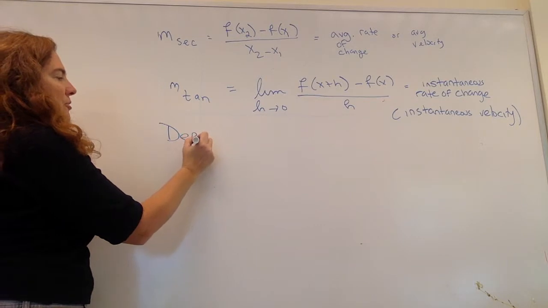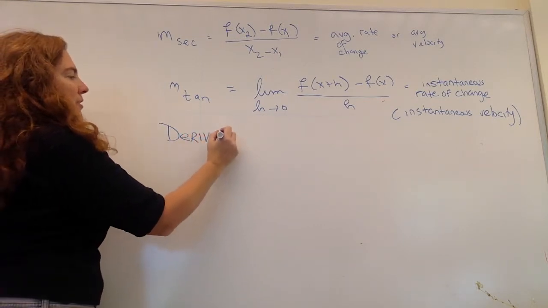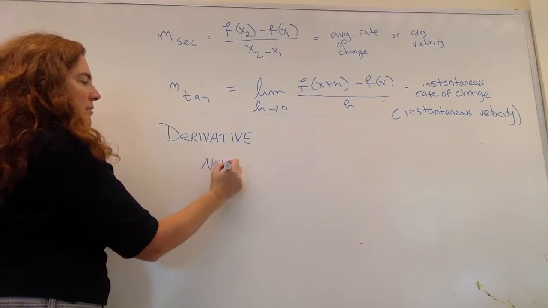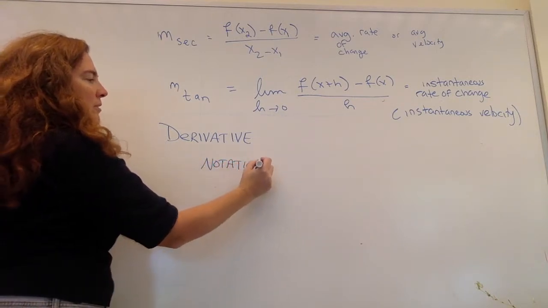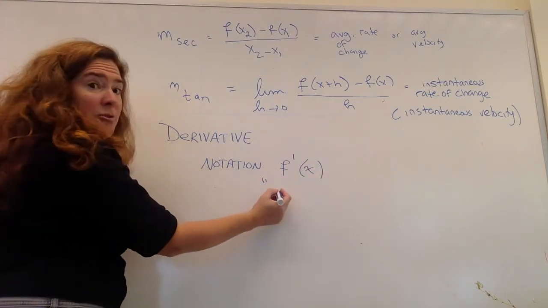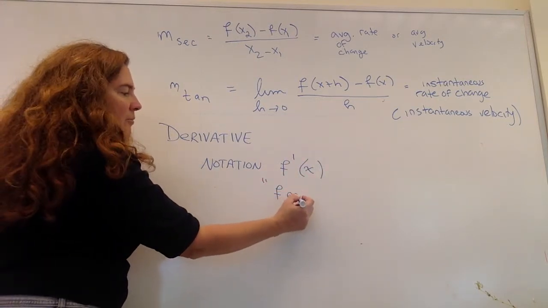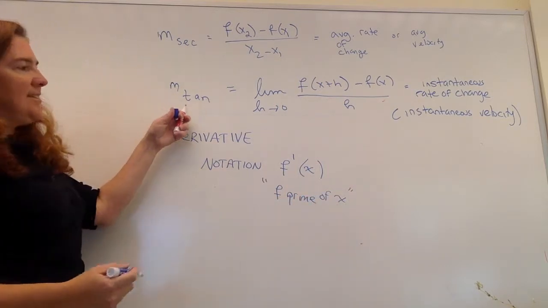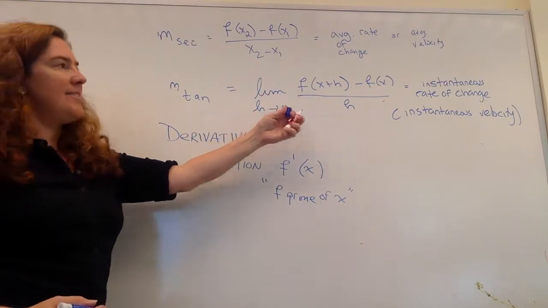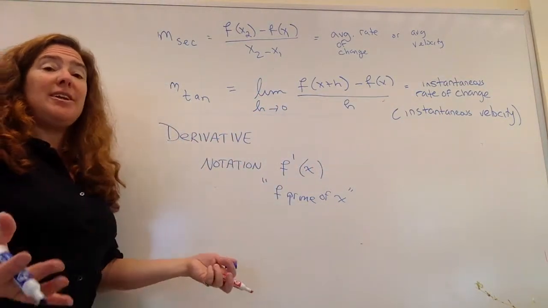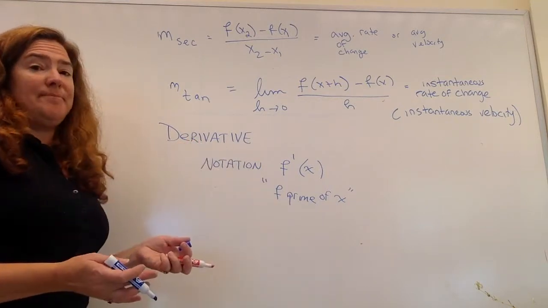It's equal to the derivative. And the notation is f prime of x. You read that as f prime of x. And again, what is it? It's the slope of the tangent line. It's this limit. It's the instantaneous rate of change. They're all the same thing. We haven't learned anything new. We just gave it a new name.